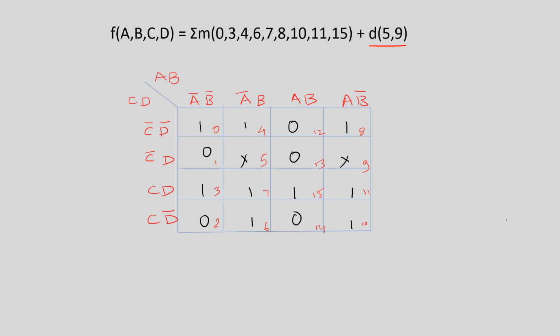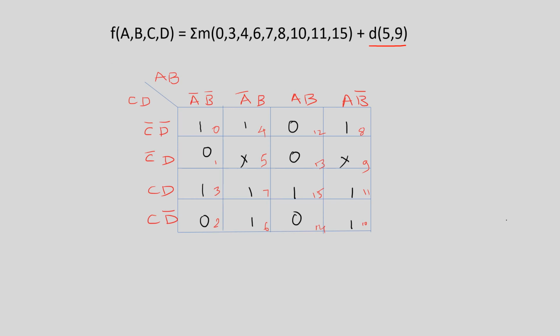Let us have practice of don't care with one more example. This is our example. It is a 4 variable K map having minterms and don't care condition in squares 5 and 9. Let us make the K map for this. This is our K map for the minterms and don't care.